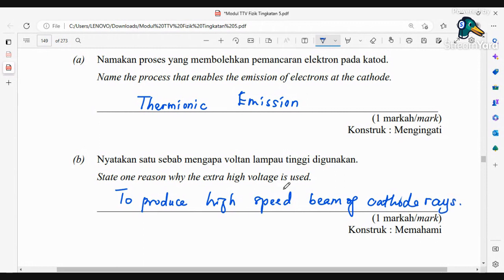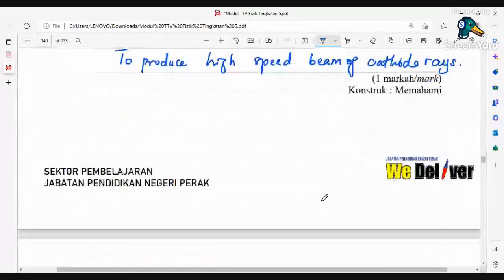High speed electrons, once they hit the screen coated with graphite, have their kinetic energy converted to light. So it means the higher the speed, the brighter the light observed on the screen.